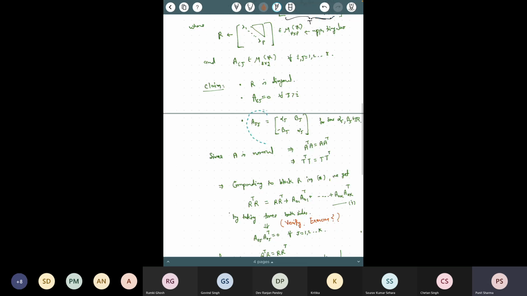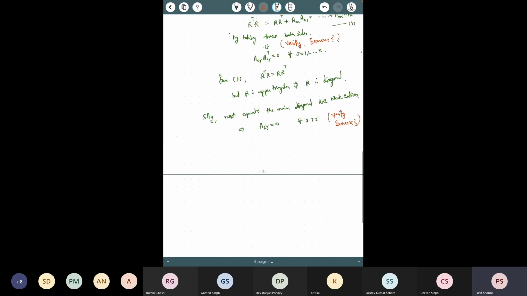So we just need to show that for each j, AJJ has the following form, that means AJJ is of the form alpha j, beta j, minus beta j, alpha j, for some alpha j, beta j in R. So we just have to show this.